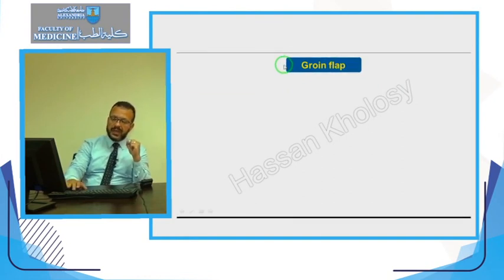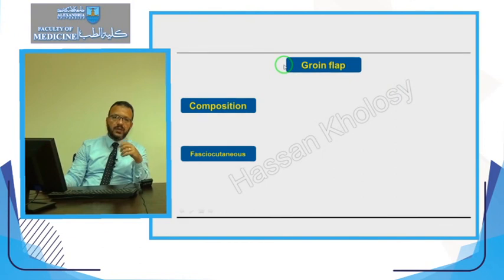If you want to classify this groin flap according to composition, in other words, what tissues are forming this groin flap, the groin flap is formed of skin, subcutaneous tissue, and fascia. This means that this flap is a fasciocutaneous flap according to composition.